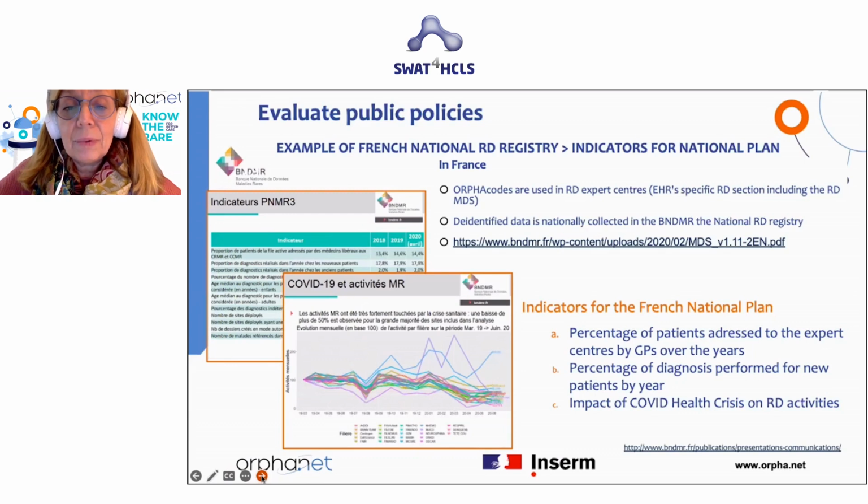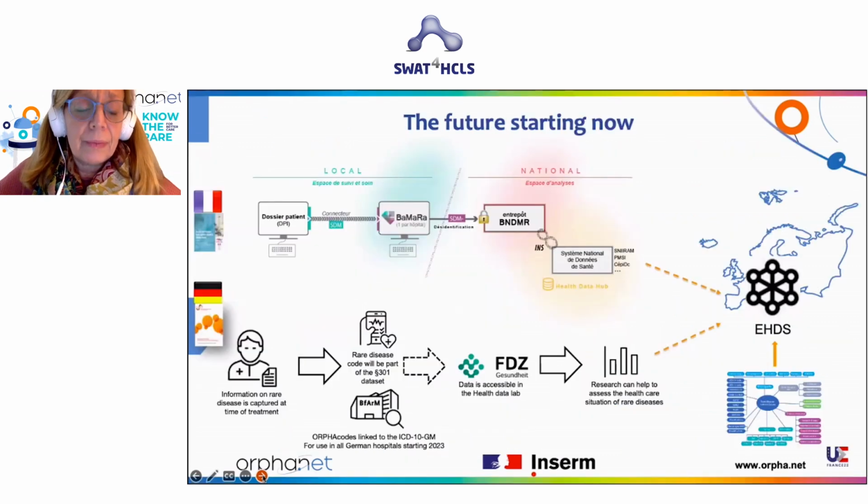That is an example from the French National Registry of Rare Diseases that is fed directly from electronic health records, and that could follow the medical activity during the COVID crisis in the different national networks for rare diseases. That would have been impossible without the ORPHA codes implemented in the electronic health records.